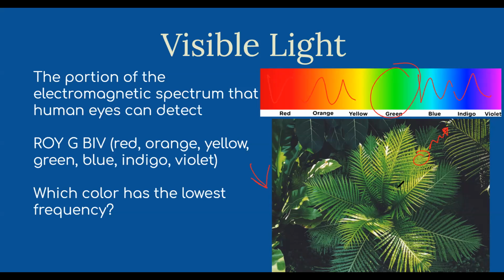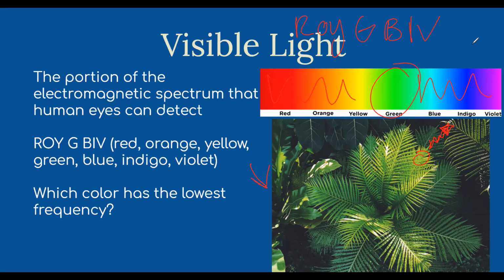So those are the things that we can detect. Whatever color we see on an item is the color that it doesn't absorb, so that's the one that's given off. The way you guys can remember this is Roy G. Biv. So red, orange, yellow, green, blue, indigo, violet.